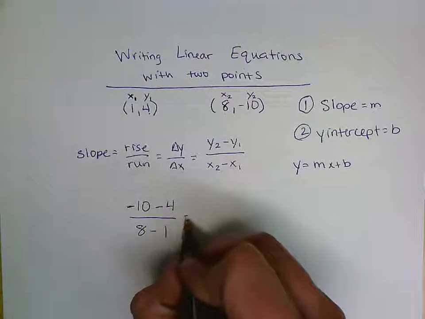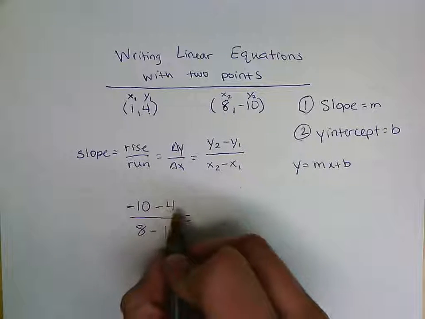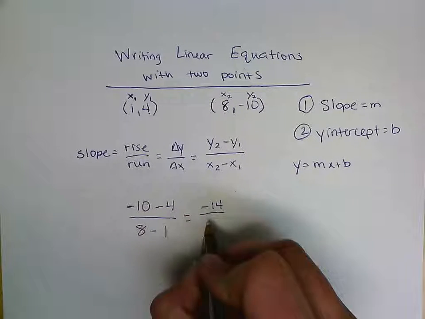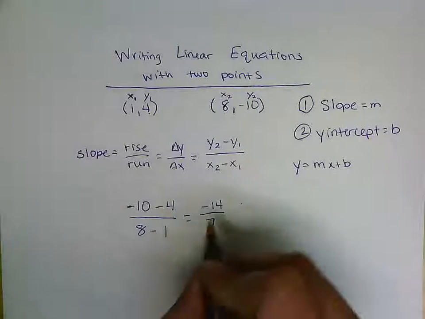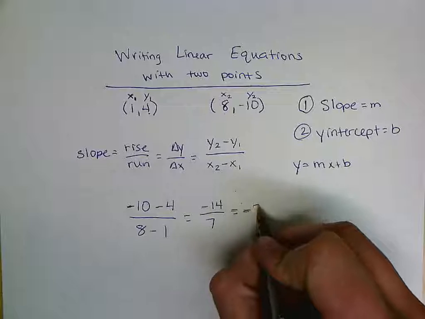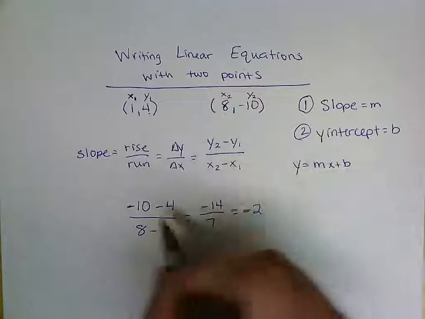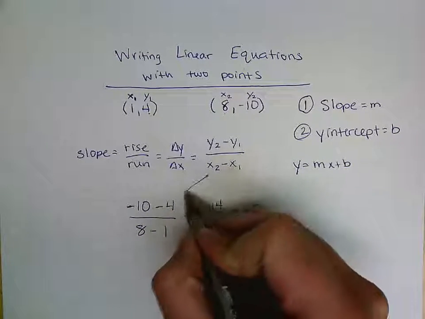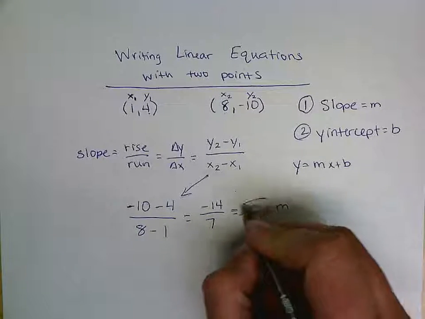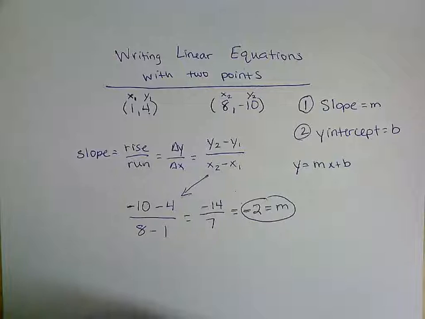So if we simplify this, we have negative 10 minus 4 is negative 14, and we're dividing by 7. This can be simplified even further to negative 14 divided by 7 is negative 2. So right now, because this was a definition for slope that we used here, we just solved for slope. So we know the slope equals negative 2.